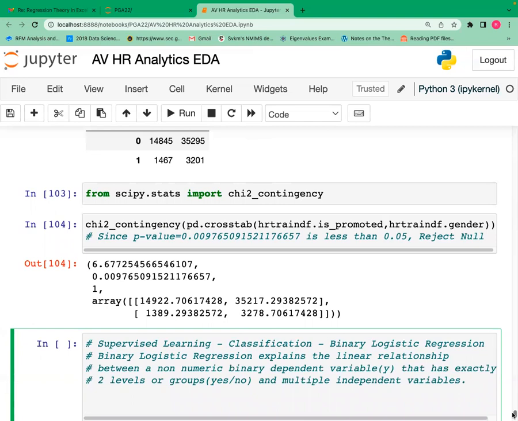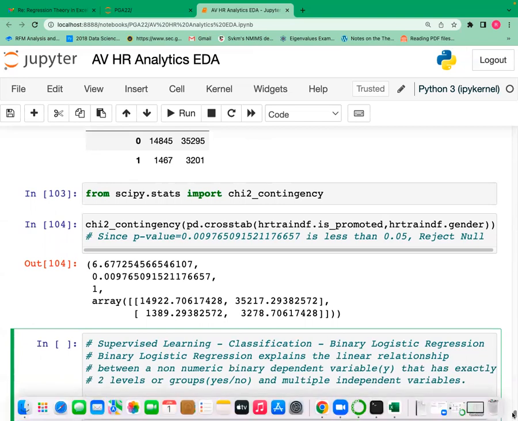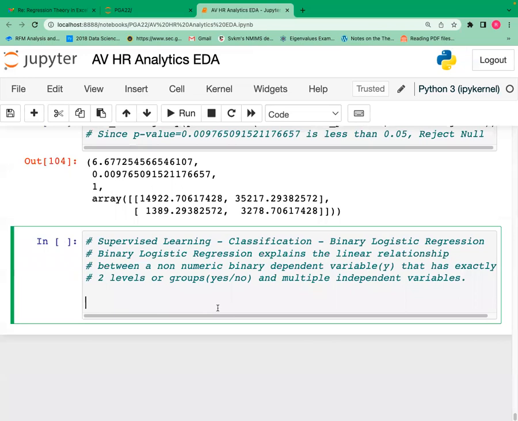Binary dependent variable and multiple independent variables.